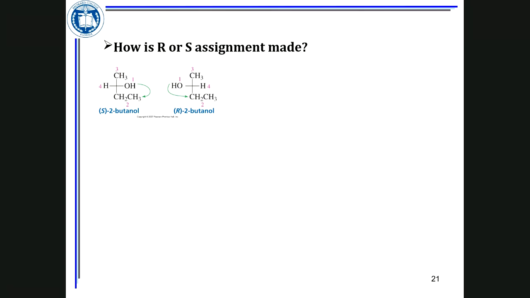For R and S configuration, because hydrogen is coming toward you, going from 1 to 2 to 3 is counterclockwise in this case, so the configuration is R. 1, 2 to 3 is clockwise, but because hydrogen is coming toward you, is going to be S. Questions?